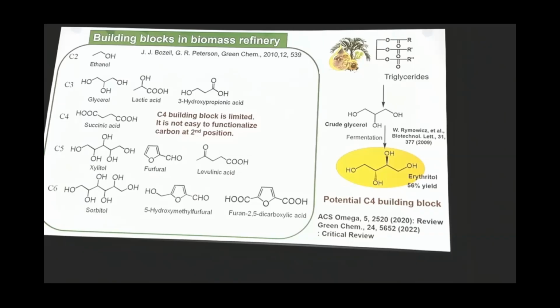Recently, therefore, we proposed another potential C4 building block, acetol. Acetol can be produced by the fermentation of crude glycerol. The yield is not so low. Therefore, we think that acetol is a highly potential C4 building block.